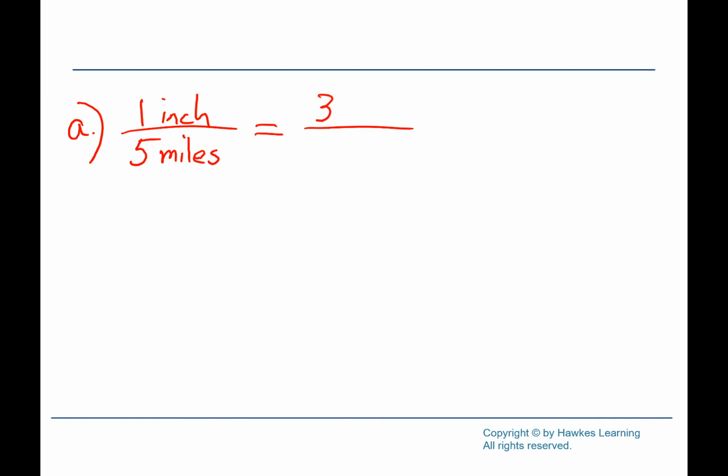Okay, A. So we said 1 inch, 5 miles, and we want to know how many miles 3 inches would be.